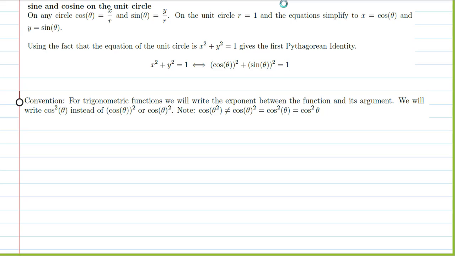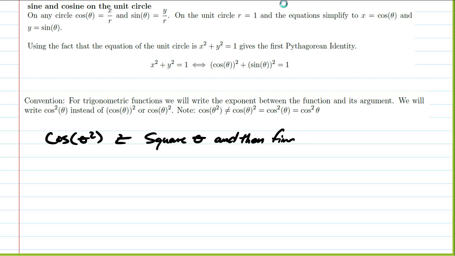We will write cosine squared theta instead of the version with tons of parentheses, or cosine theta without the parentheses. So note, we need to be careful that cosine theta squared is not the same thing as cosine squared theta. So cosine theta squared tells us square theta, and then find the cosine.